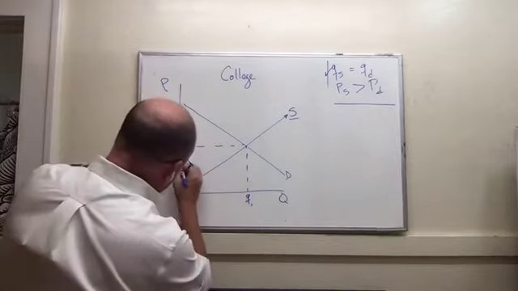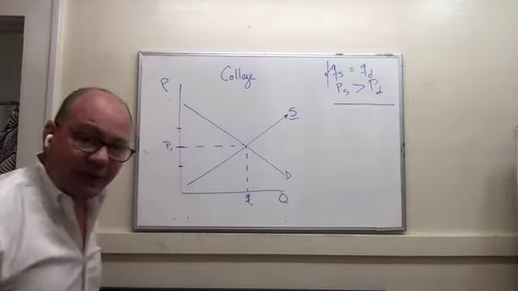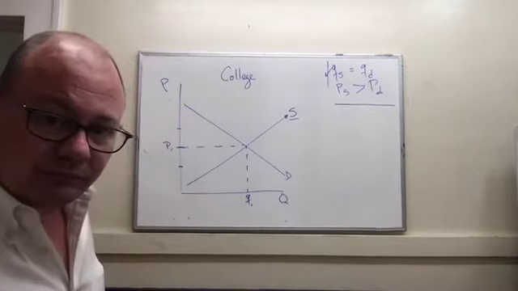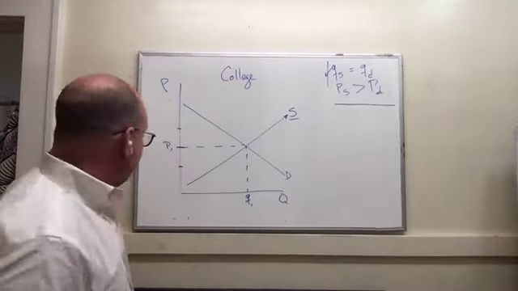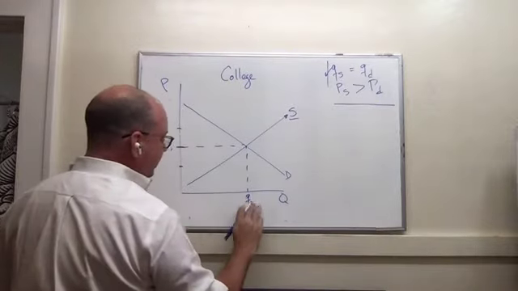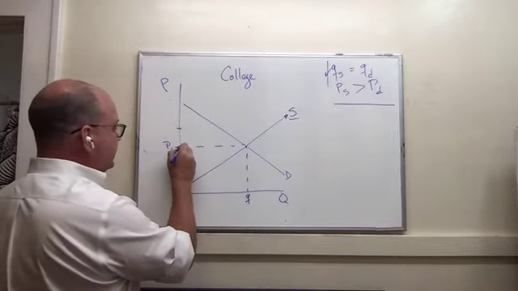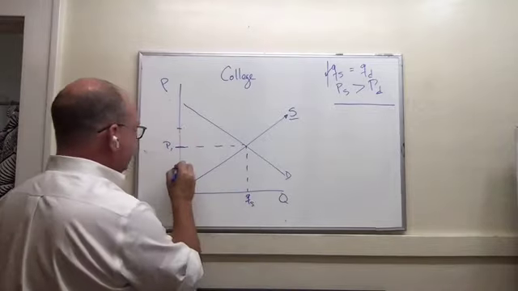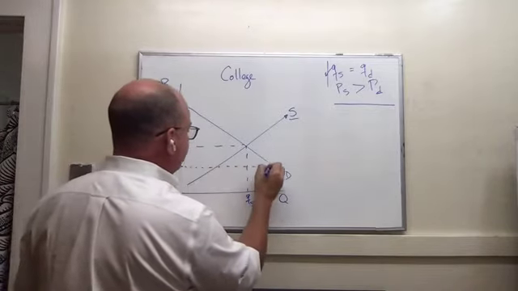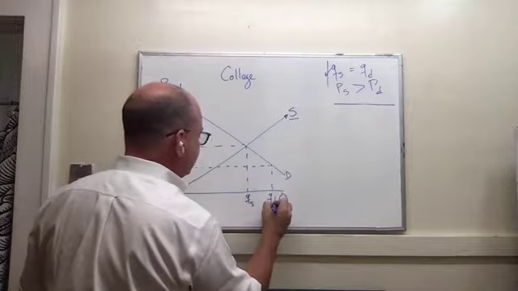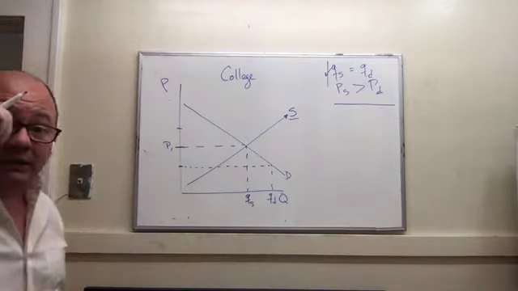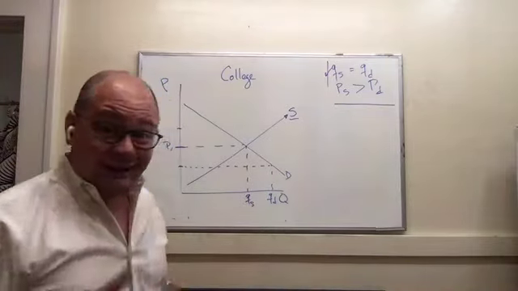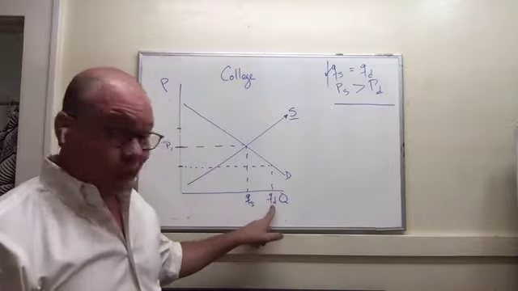They get home, they have a check waiting for them in that amount. And that would cause suppliers to receive that much. So this would be our quantity supplied. And at this cost to consumers, that would be the quantity that they consume. What's true? We have a shortage.